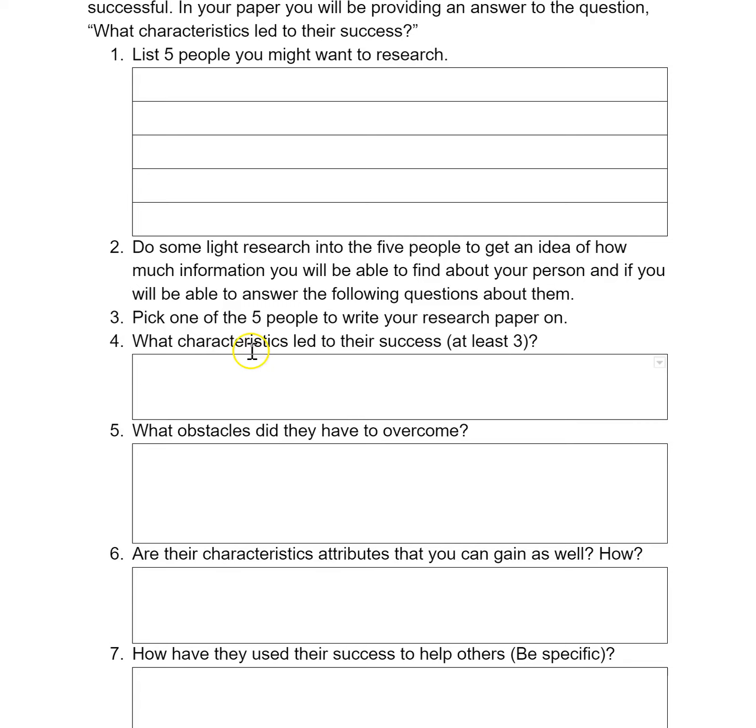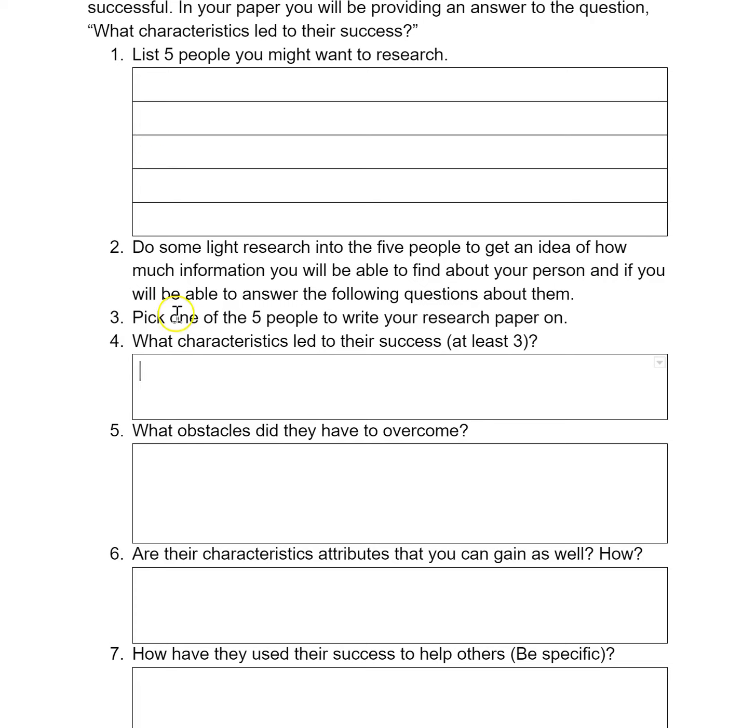Now, after you've done some research, you've decided, okay, yeah, I think I'll be able to answer all these questions pretty well about this person, then decide to narrow it down. Okay. Now, keep in mind, we haven't really started yet, so technically you still could change your person. But once you've done some light research, you've realized, okay, yeah, I can talk a lot about this person.